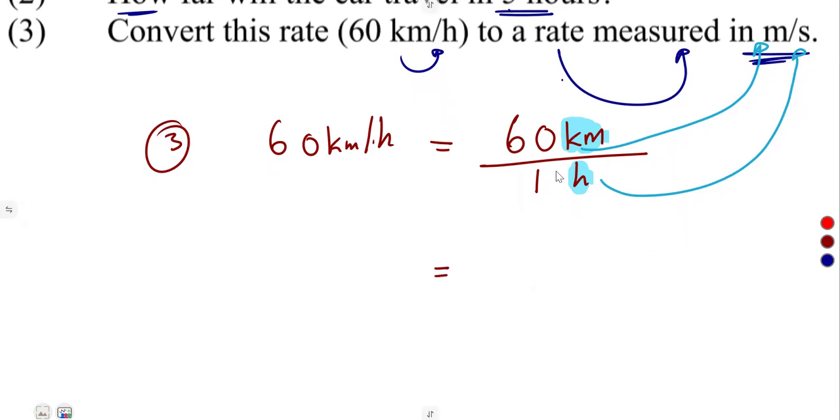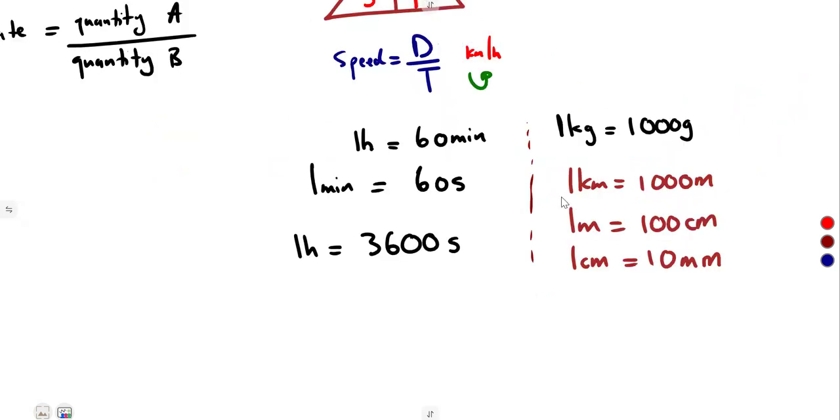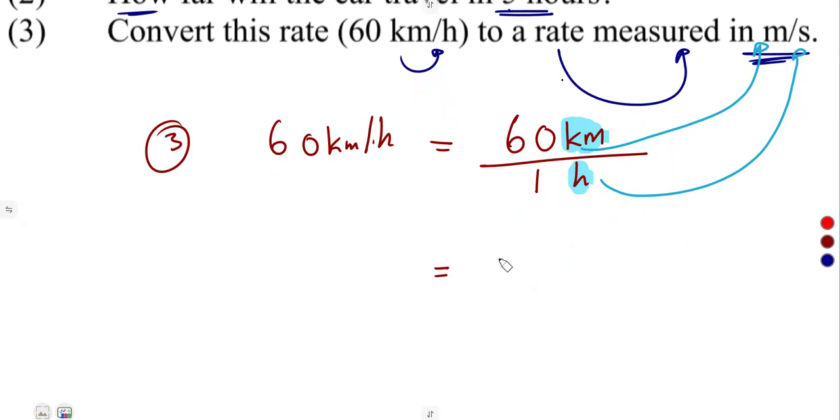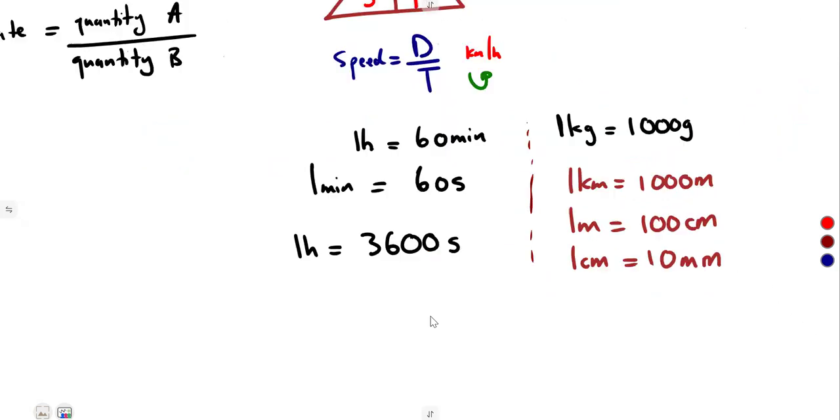So how do we convert 60 kilometers to meters? We go back and apply the concept. A kilometer is 1,000 meters. So 60 kilometers means 60 times 1,000, which is 60,000 meters. It is now in meters, over 1 hour in seconds. 1 hour in seconds is equivalent to 3,600.